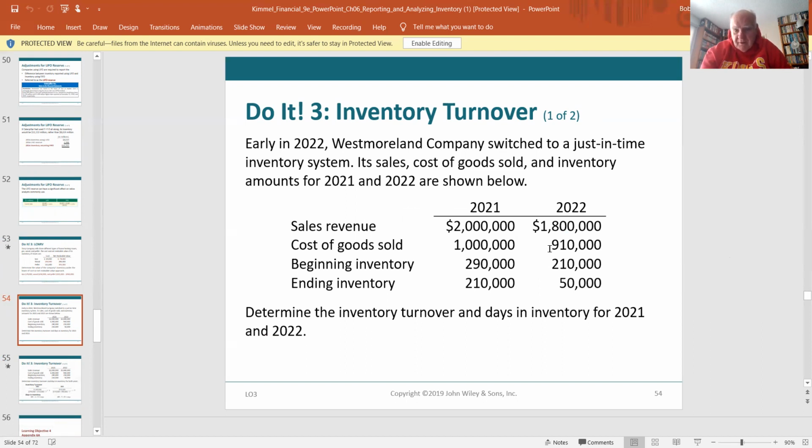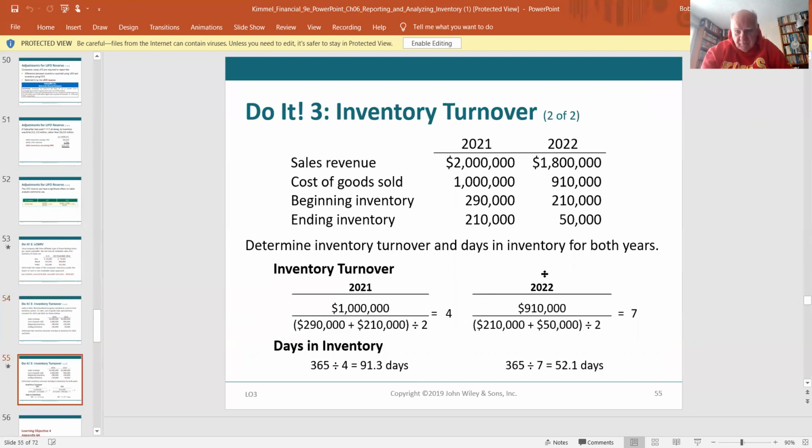Here we have 910 divided by 210 and 50,000. One million divided by the average comes out to 4, or 91.3 days. Here it comes out 910 divided by the average of 250, 51 days.